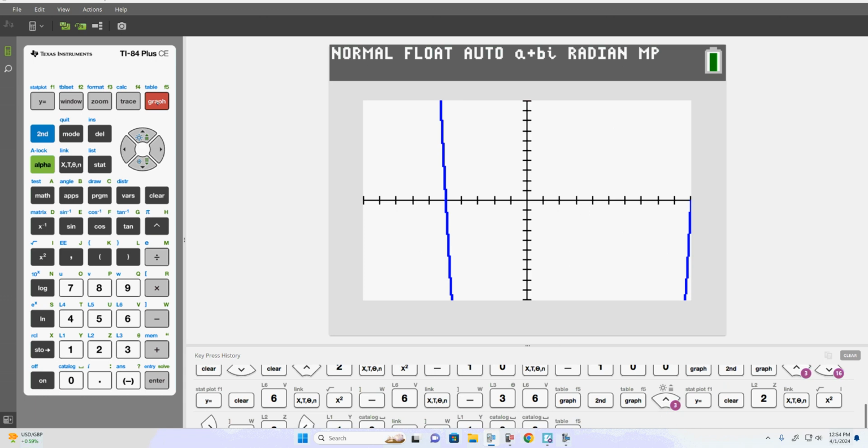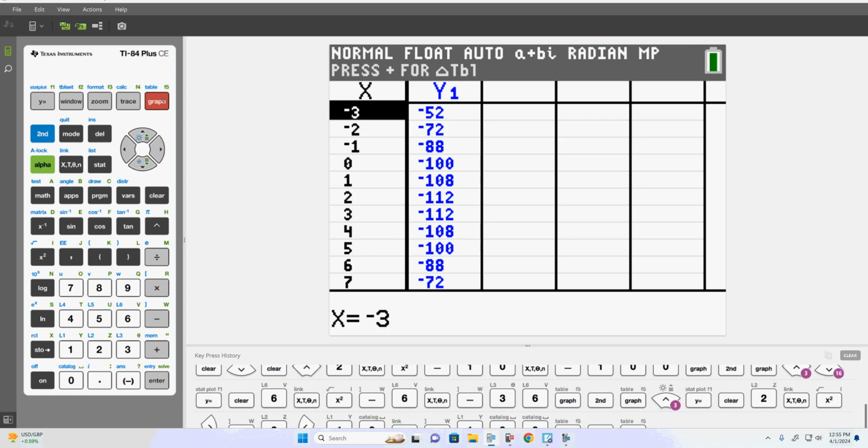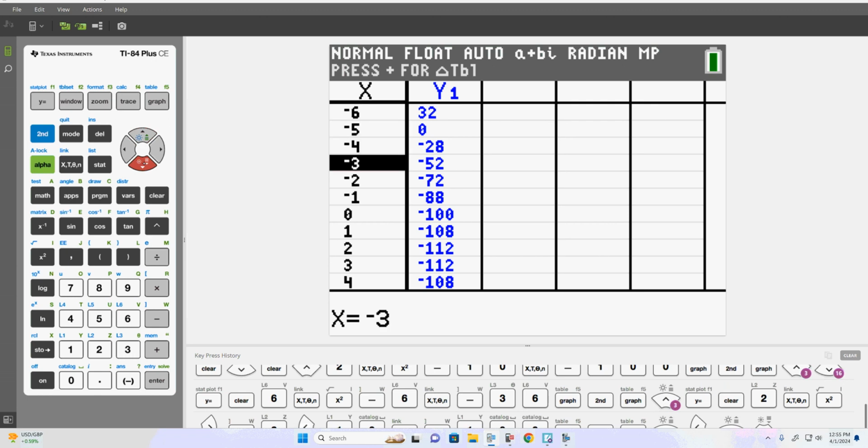So we do see that it crosses on the left side of our y-axis, probably somewhere around negative 5, negative 6, or negative 4, somewhere in there. And it does cross on the other side close to 10. So if we go second table, so negative 5 is one value of x that'll make the y value be 0.